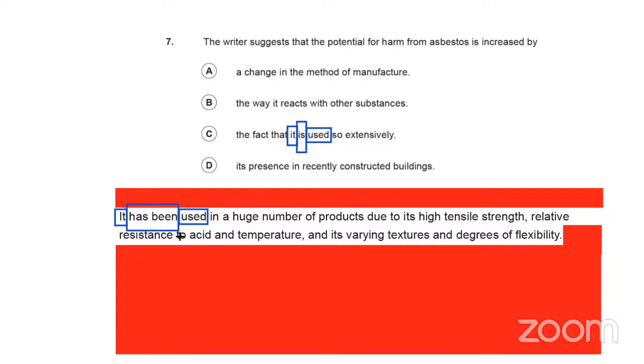It is used means it has been used. It has been is equal to is used.